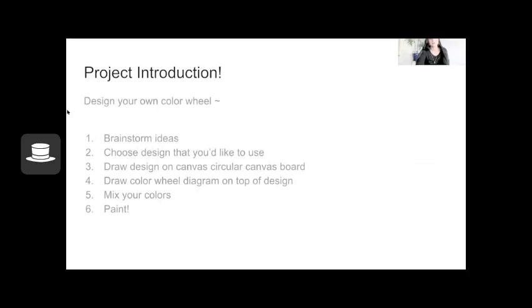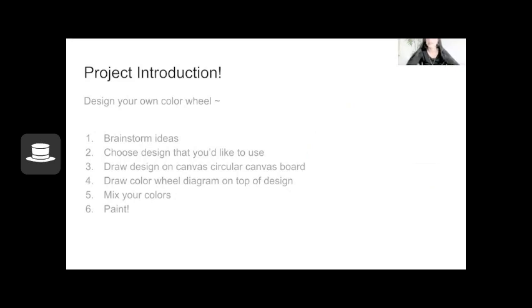Okay, moving on, we're gonna introduce our project. In this project, you're gonna design your own color wheel. You're gonna use the sectioning of the color wheel, but it's gonna be your own design, okay? I'll show you guys some examples in a little bit. But first, we're gonna brainstorm our ideas. That's what we're gonna be doing primarily today.